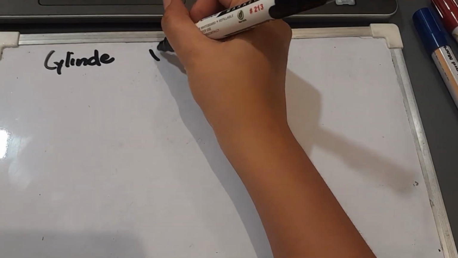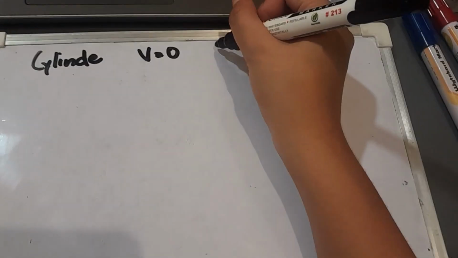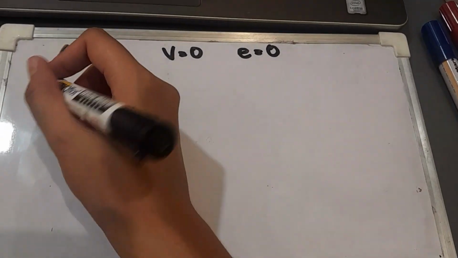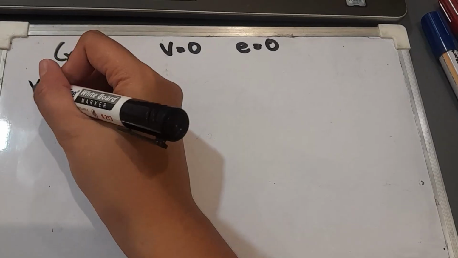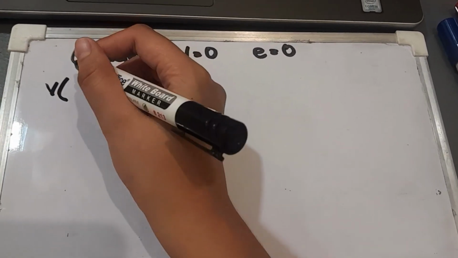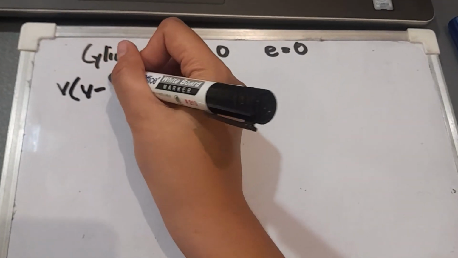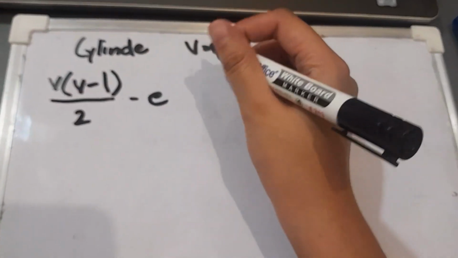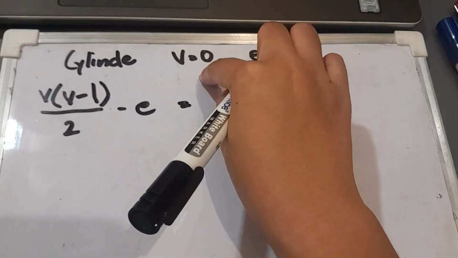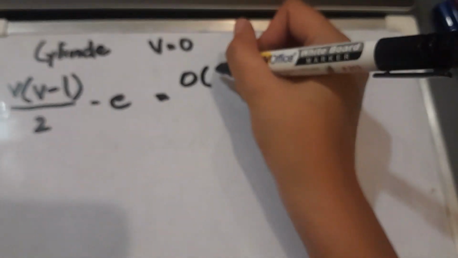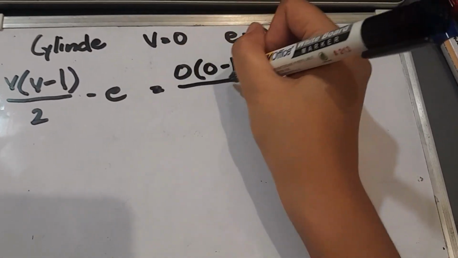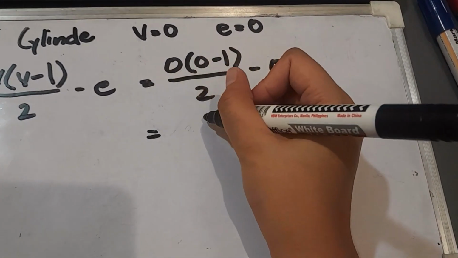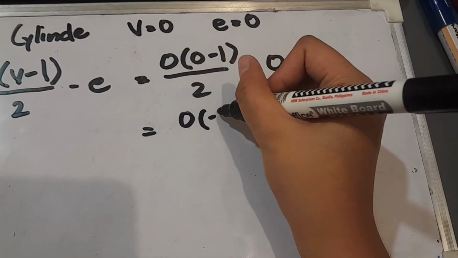So cylinder have no vertex and also don't have edges. So let's apply it. Let's see if there is a diagonals inside the cylinder. So V is 0. So 0 times 0 minus 1 all over 2 minus 0 is equal to 0 times negative 1.